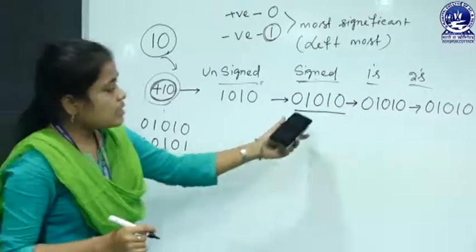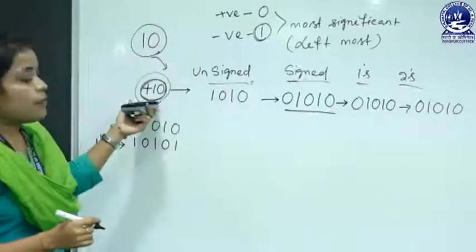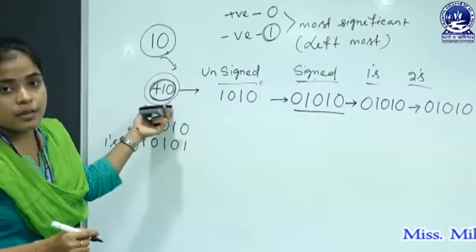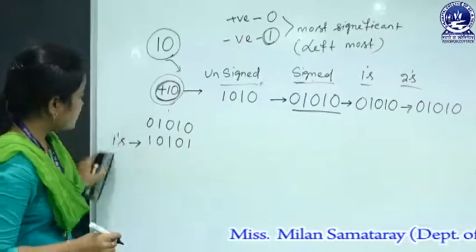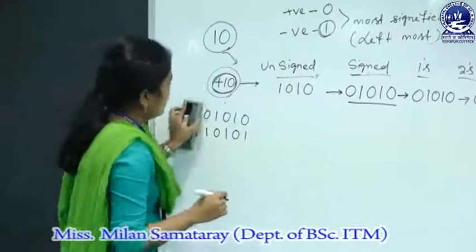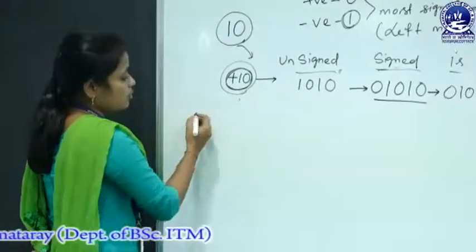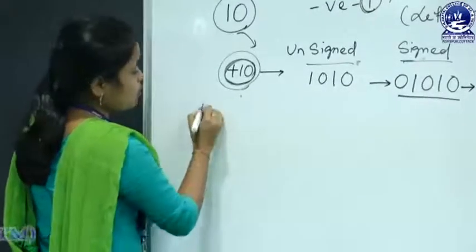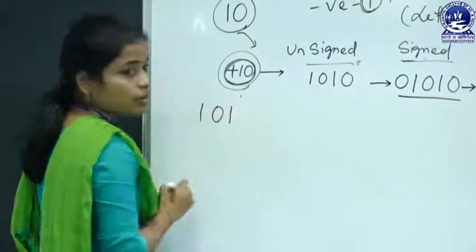Okay? These representations are same only for positive signed numbers, not for negative values. You have to remember these things. And if you want to find out the twos complement of a number, let us say the number is 101.